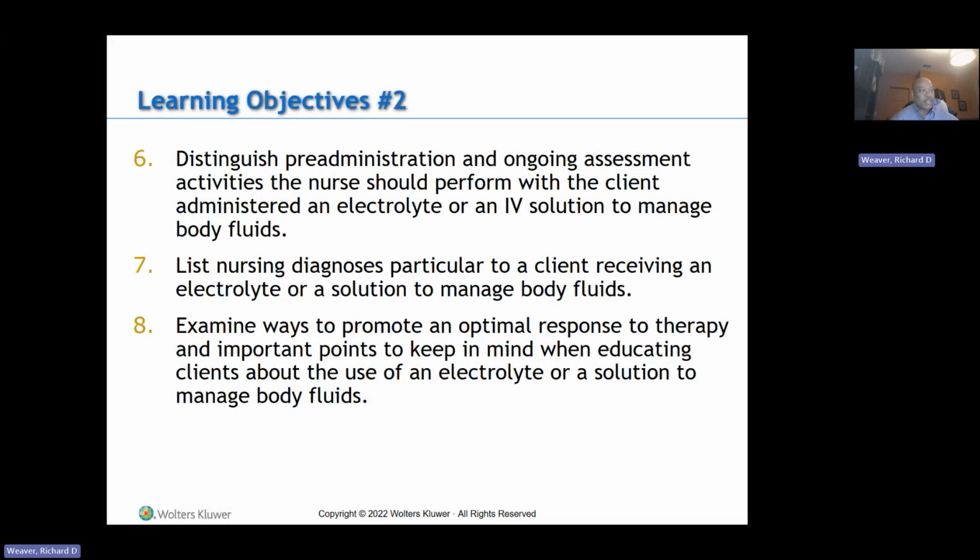And of course, examine ways to promote an optimal response to therapy and important points to keep in mind when educating clients about the use of electrolytes or a solution to manage body fluids. So make sure you guys take a look at that.